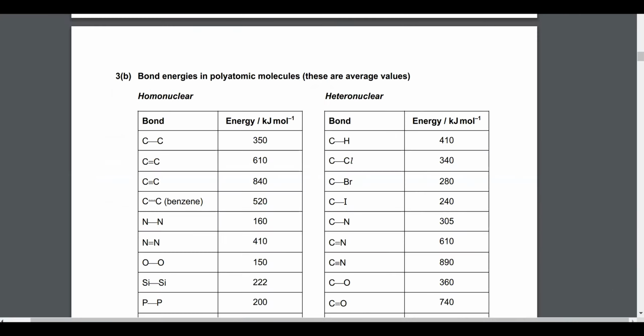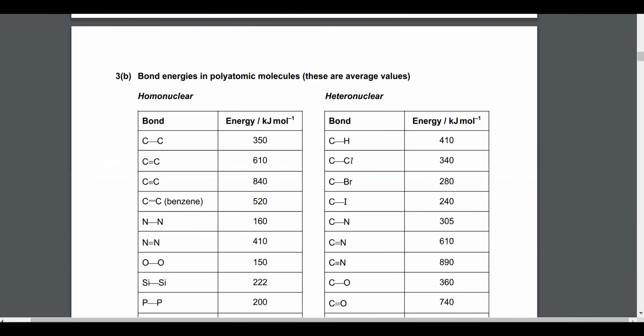Bonds between polyatomic molecules, which are larger molecules, are not exactly identical. For example, if I have a carboxylic acid on one side, now if I highlight this particular O-H bond in both molecules, they are almost identical.